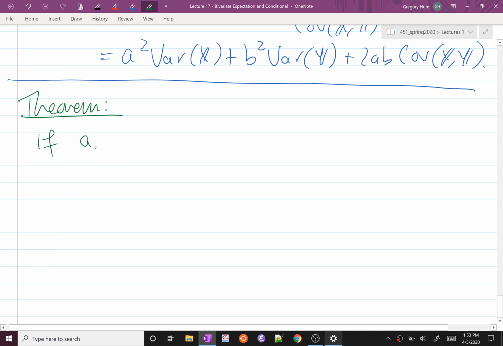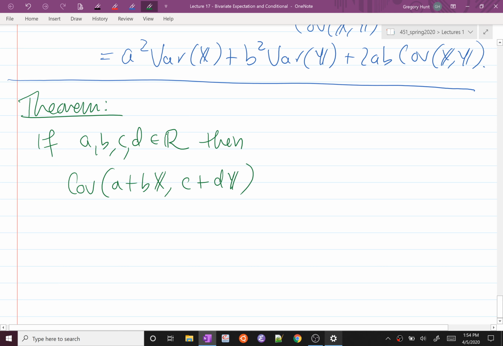If A, B, C, and D are some constants, then the covariance of A plus BX and C plus DY is equal to BD covariance of X, Y. This is very similar to our theorem for variances.